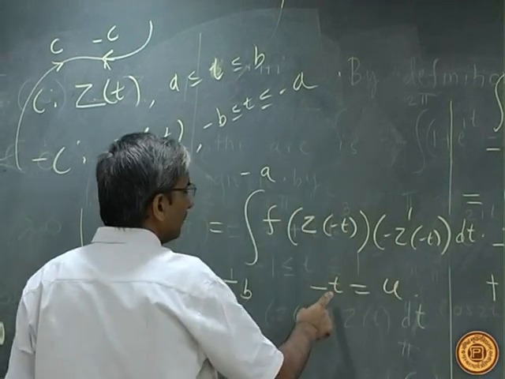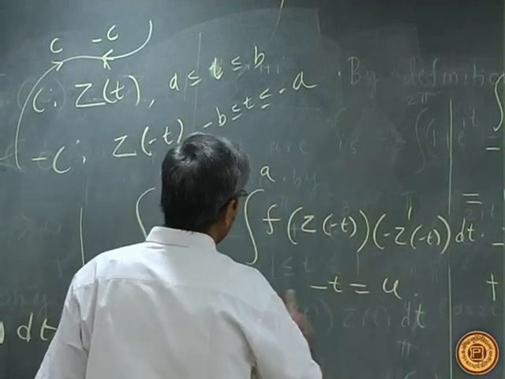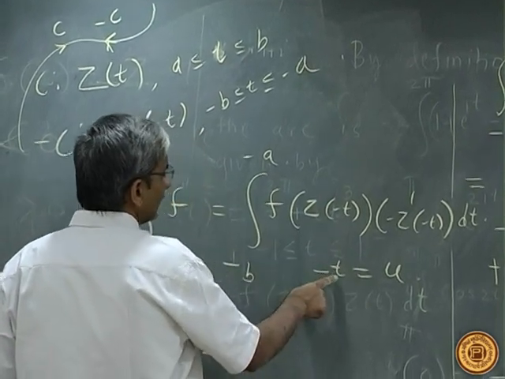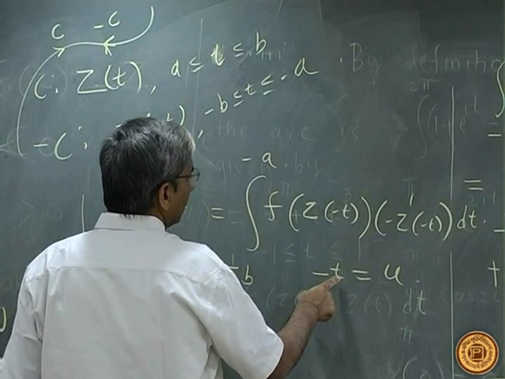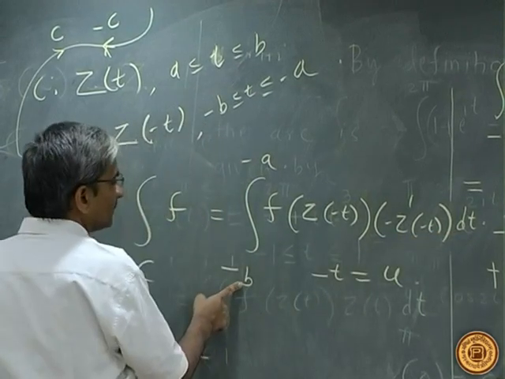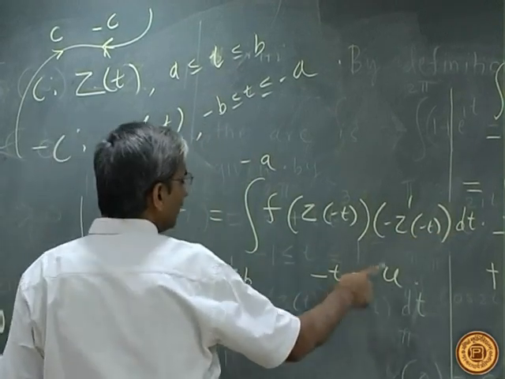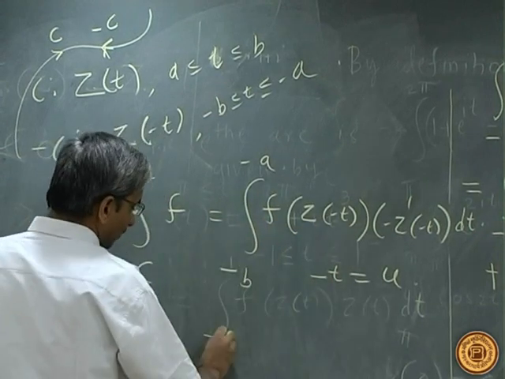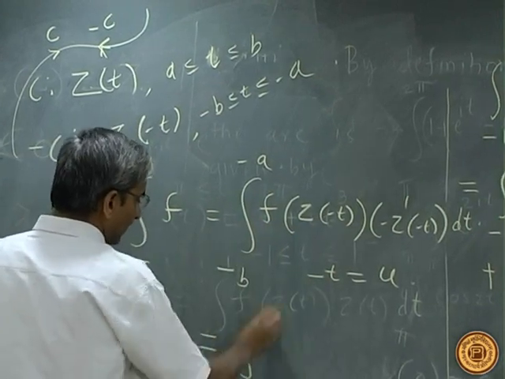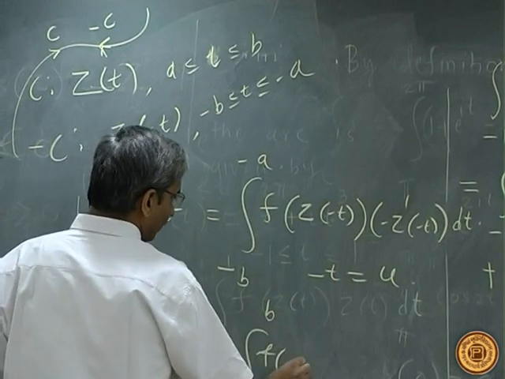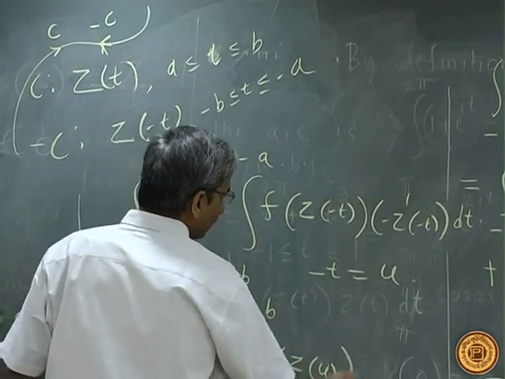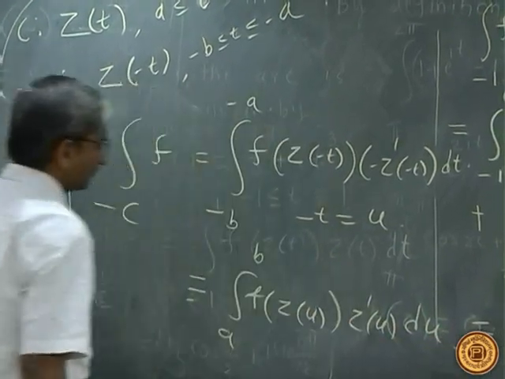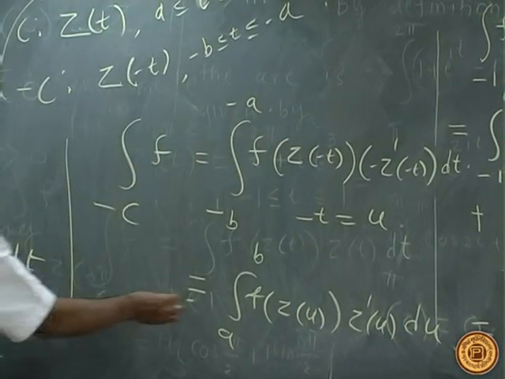When t has value -b, u will have value b, and this minus sign will change the limits. So this is nothing but the integral from a to b of f(z(u)) z'(u) du with a minus sign.